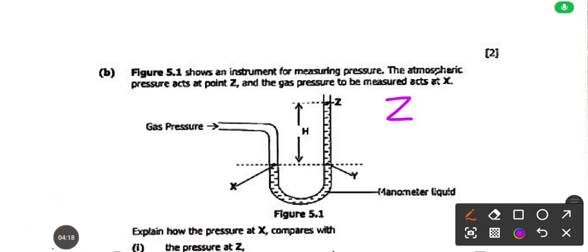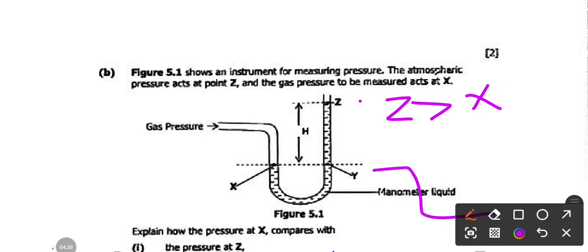So here, guys, we should be aware that there are 3 ways in which the examiner can phrase this question. Okay, let's suppose the pressure at Z is greater than the pressure at X. How would the diagram look like?